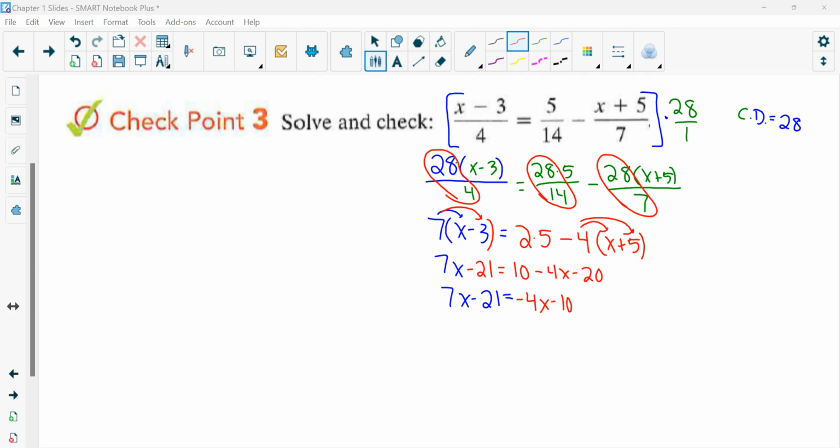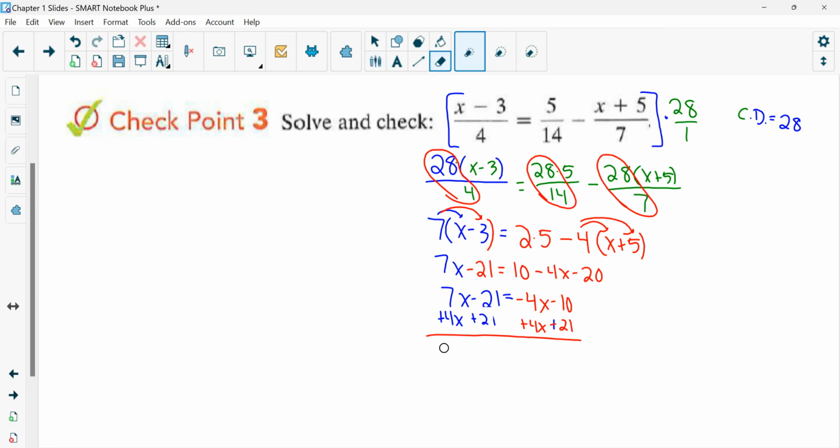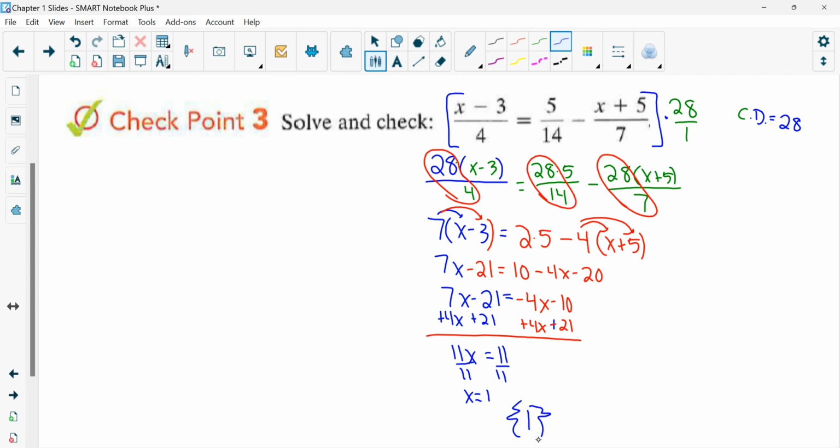We will get our x's on the left and constants on the right. 7x plus 4x is 11x. 11x equals 11. We divide by 11, so x would equal 1. And we do our curly brackets with a 1 there.